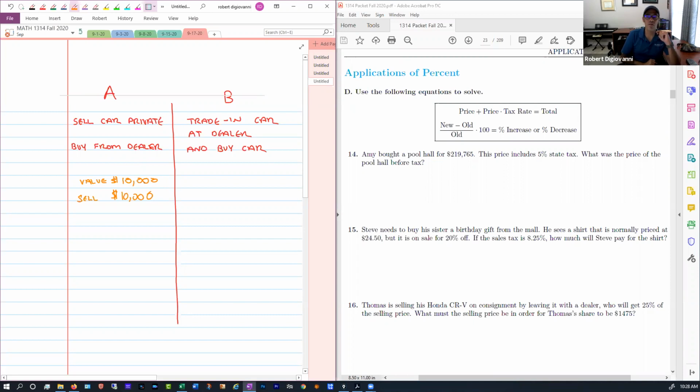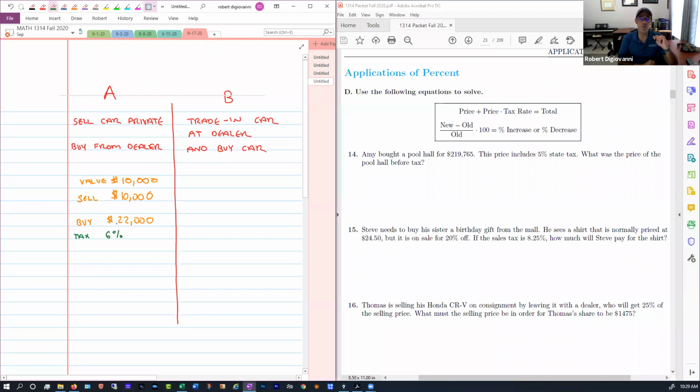Okay, so how expensive do we want the new car to be? Someone just throw out a number. 22,000. 22,000. So you buy a car for $22,000. The tax rate for cars is usually around 6%.